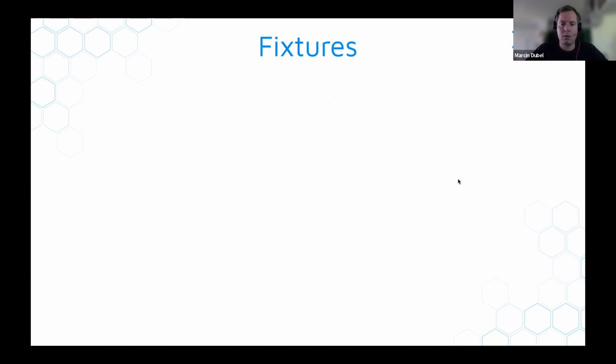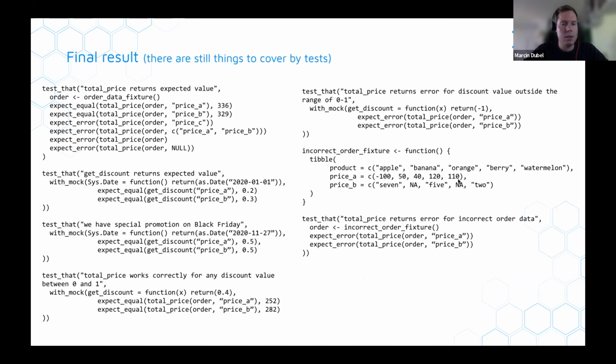In the final result, this is exactly the same slide that I showed you with the total price example. You can see that we can use the with mock clause to mock, for example, the sysdate function. Sysdate was used to check whether we have Black Friday.